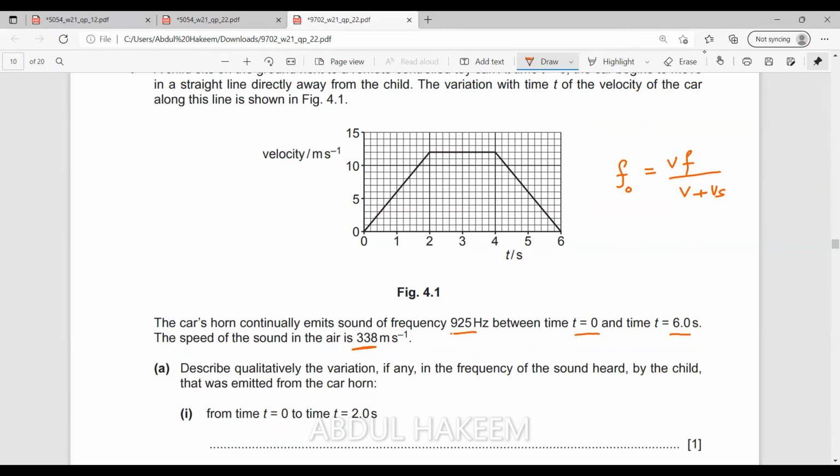So 0 to 2, the speed is increasing, and this is actually vs, the speed of the car, source speed. So when vs increases, this value becomes larger, hence the frequency decreases. So answer is decreases.